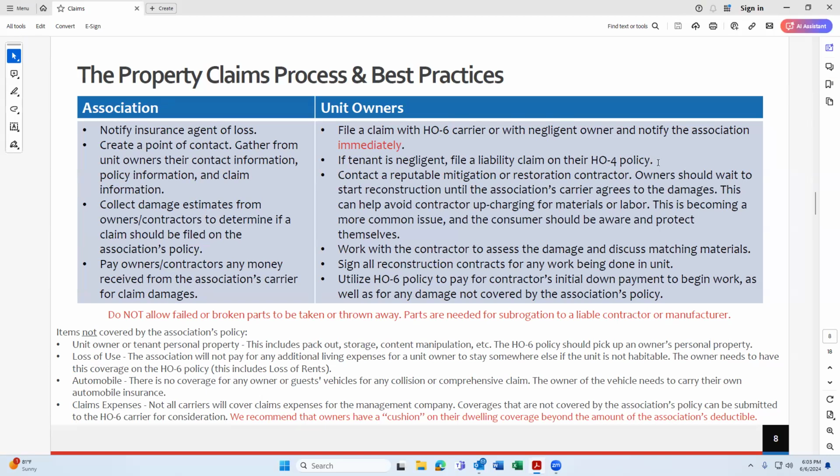So if you don't have any renters and you just have an HO6. Right. All the owners would have an HO6, but if you own a unit and you're renting it out, then the owner would have a landlord policy, and then the tenant should have an HO4 policy if everything's set up correctly. Okay, thank you.